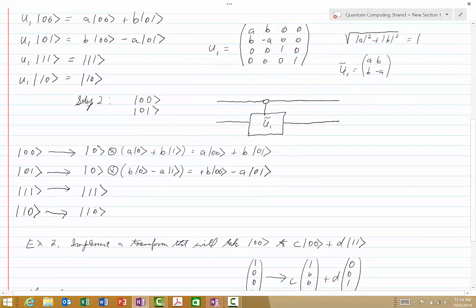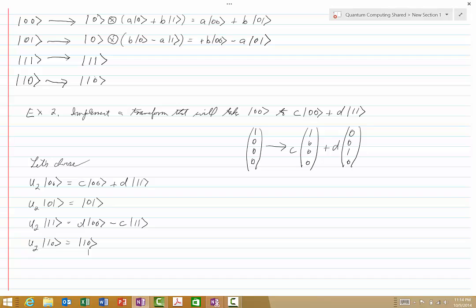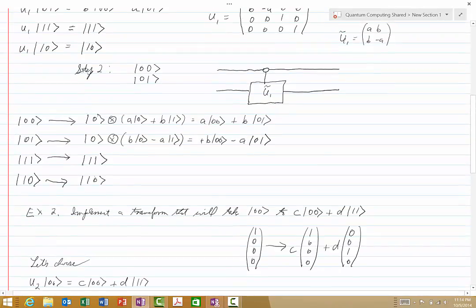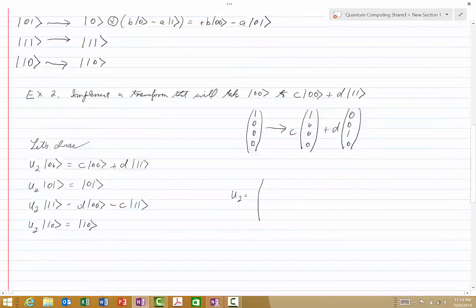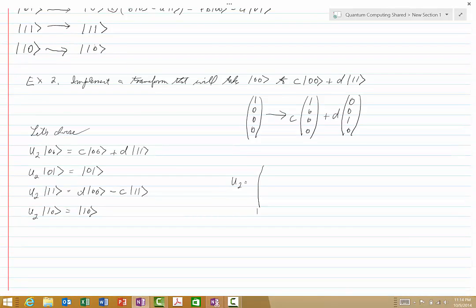And if we look at the matrix for this one, we get U2 is equal to, okay, now 0,0, as we've set up here, corresponds to 1,0,0,0, and 1,1 corresponds to 0,0,1,0.